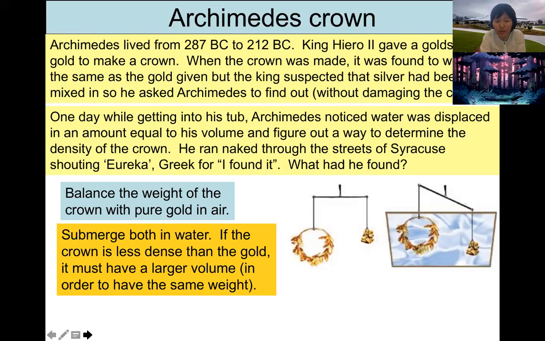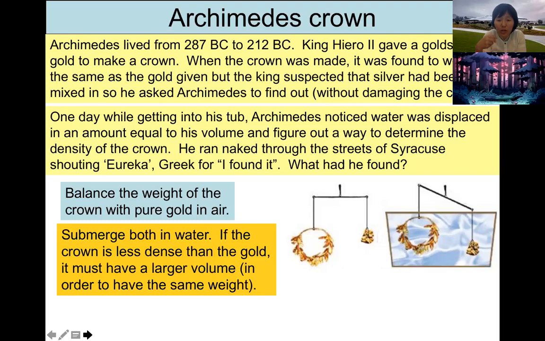However, if the crown is less dense, meaning that you had mixed in some other material, most likely a material that has a lower density than gold, right? If you put in silver or any other metal, then it's going to have a smaller density than gold.